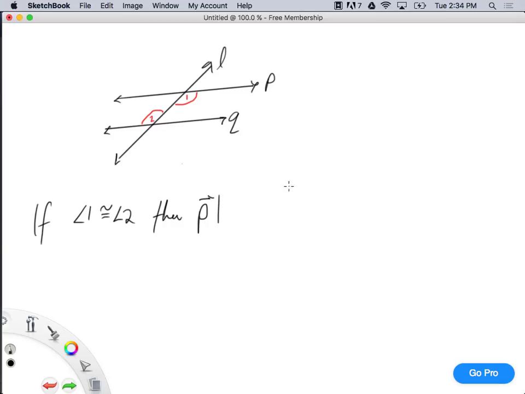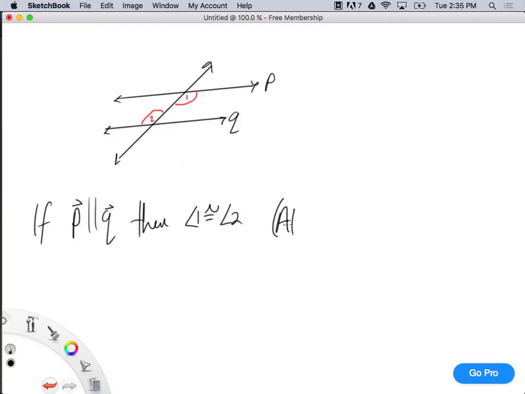Oh, I'm sorry, whoops. If these lines are parallel, then I know, what about alternate interior angles? They are what? If the lines are parallel, then those two alternate interior angles must be congruent. Angle 1 is congruent to angle 2. And why do I know that?